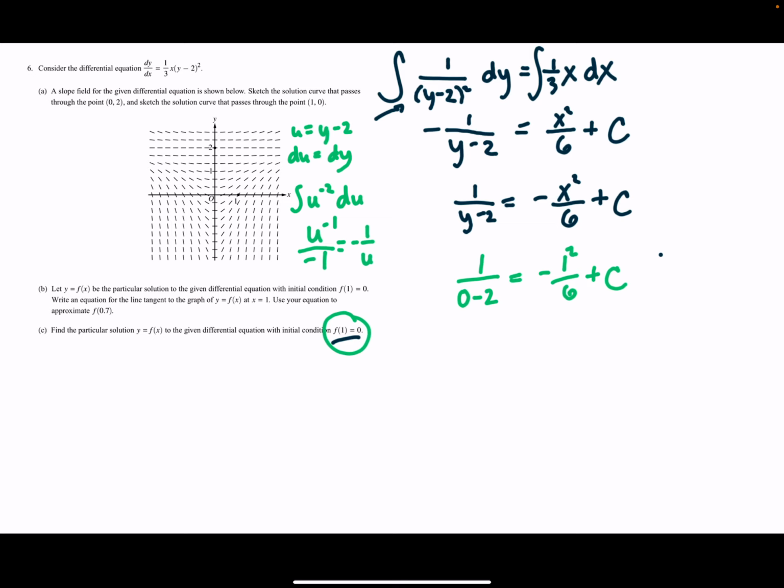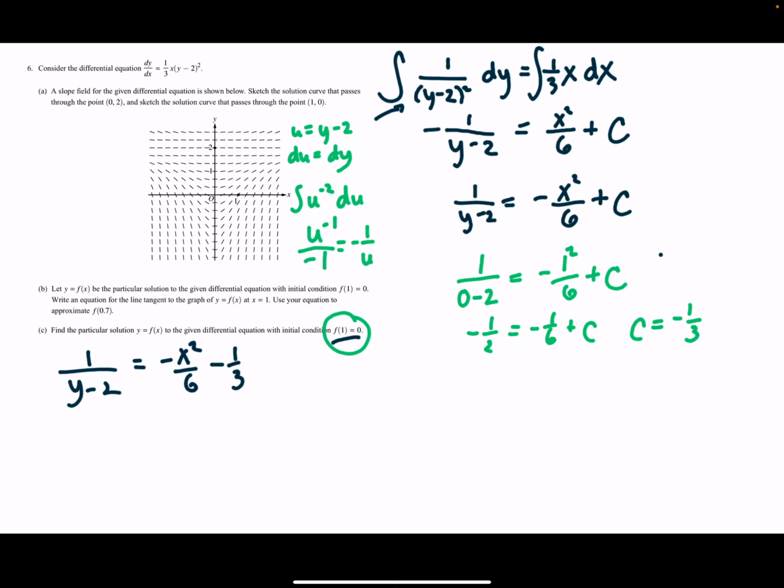Now I'm going to solve this. I have negative 1/2 equals negative 1/6 plus C. That gets me C equal to negative 3/6 plus 1/6, which is negative 2/6, or negative 1/3. So I have 1 over (y minus 2) equals negative x squared over 6 minus 1/3.